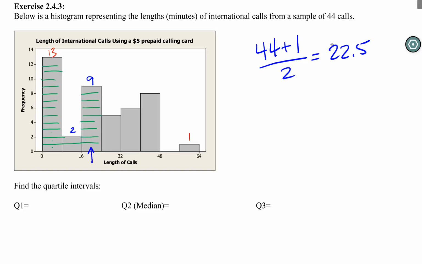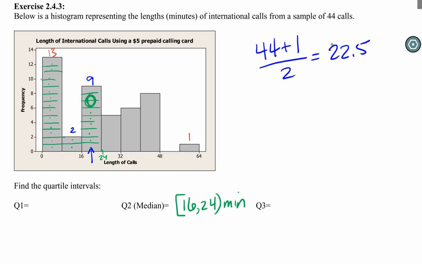So, okay, 1, 2, 3, 4, 5, 6, 7, 8, 9, 10, 11, 12, 13, 14, 15, 16, 17, 18, 19, 20, 21, 22, and 23. These are the 2. We don't know exactly what they are, so the best we can do is say that this is somewhere between 16 and, it looks like we're counting by 8s, 24 minutes is the length of the call. So hopefully that makes some sense. It's much easier to just add, but this gives you a visual way to sort of count it over.